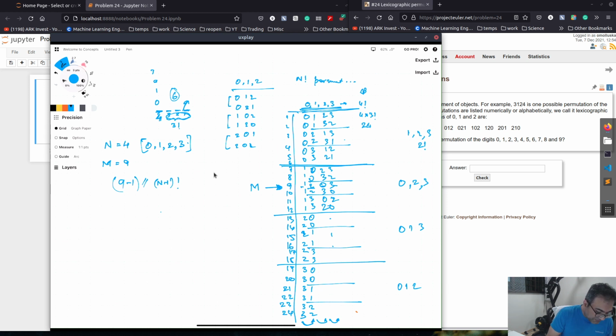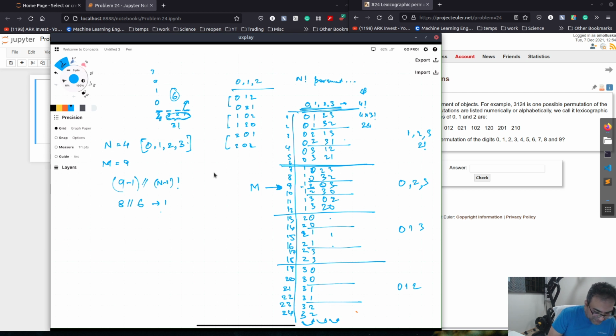Okay, so 9 minus 1 is 8, and n minus 1 factorial is 3 factorial, which is 6. In Python this is integer division. So 6 goes into 8 once, so that value is 1. That's how we know that the first value is going to be 1.